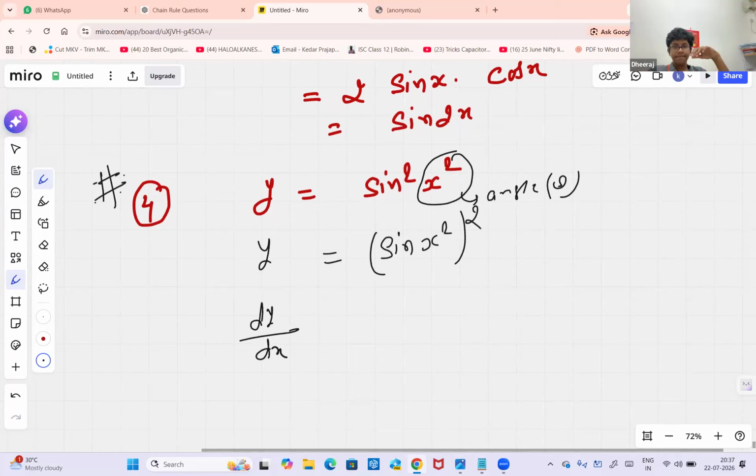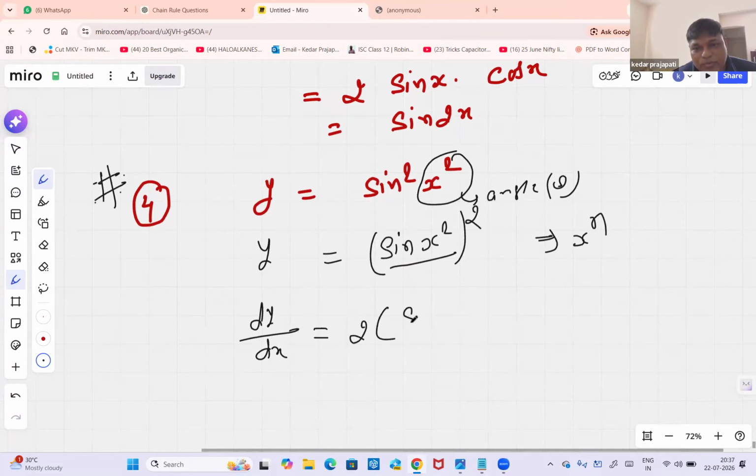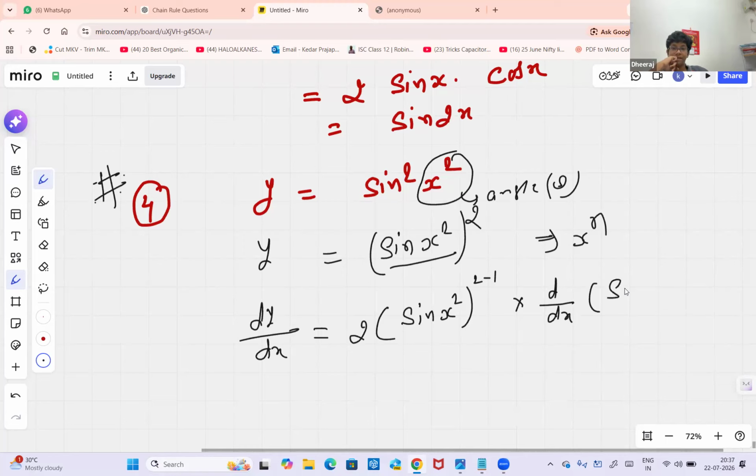So dy by dx will be, now this is x, so you can apply the rule x to the power n. So I'm applying x to the power n, which will be n, which means 2, sine x square, 2 minus 1, into d by dx of sine x square.